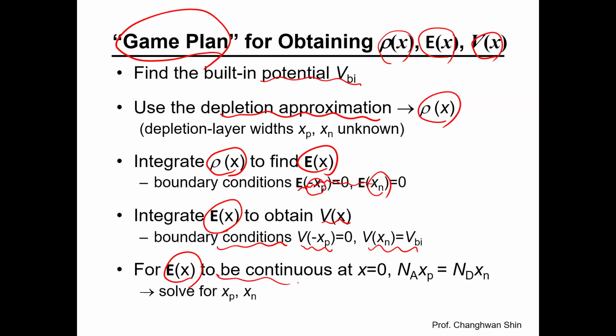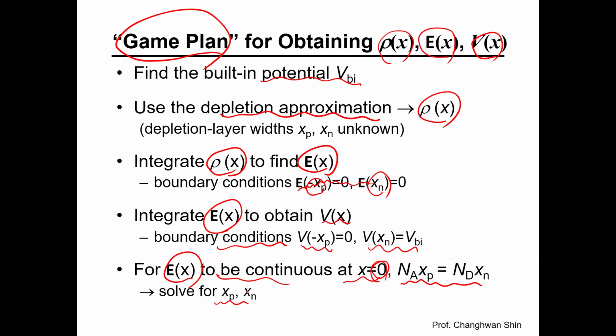Finally, we will apply the condition that the electric field must be continuous at x equals 0, the junction interface, the metallurgical junction. This gives us the relationship N sub A times x sub p equals N sub D times x sub n, which will allow us to solve for the depletion widths x sub p and x sub n.